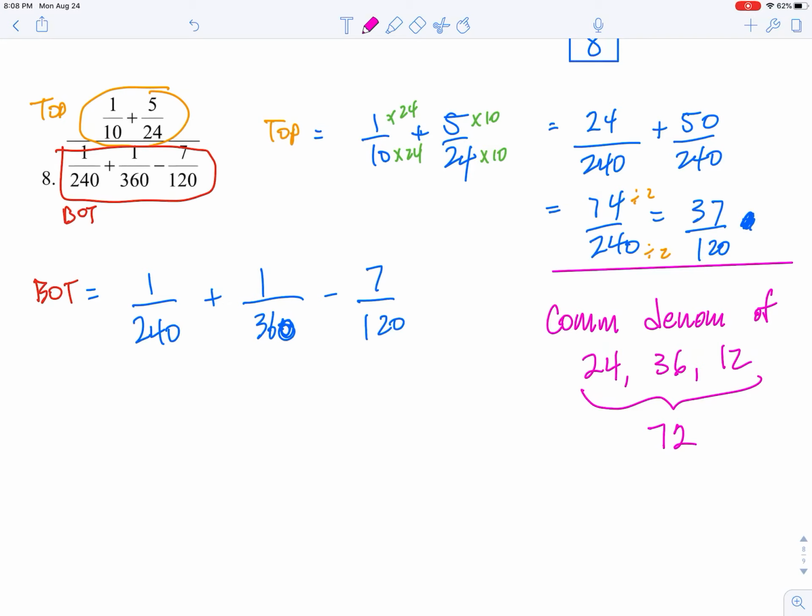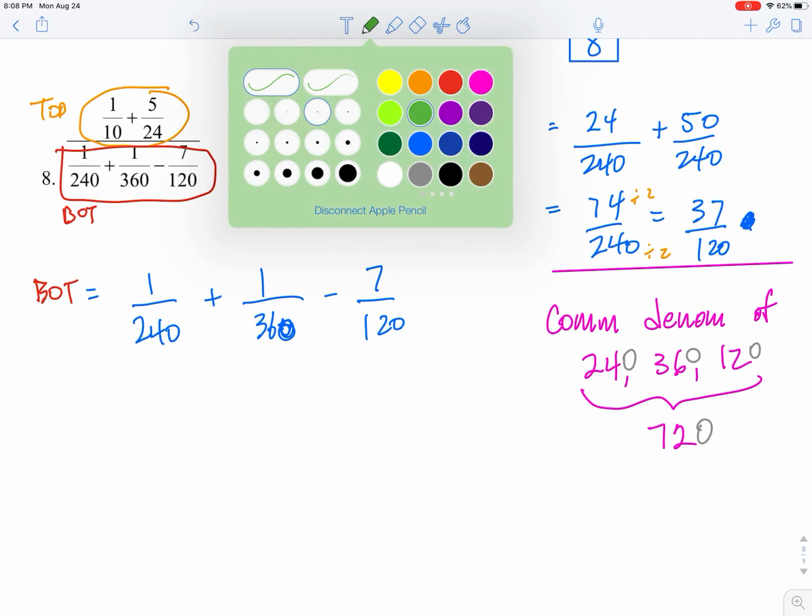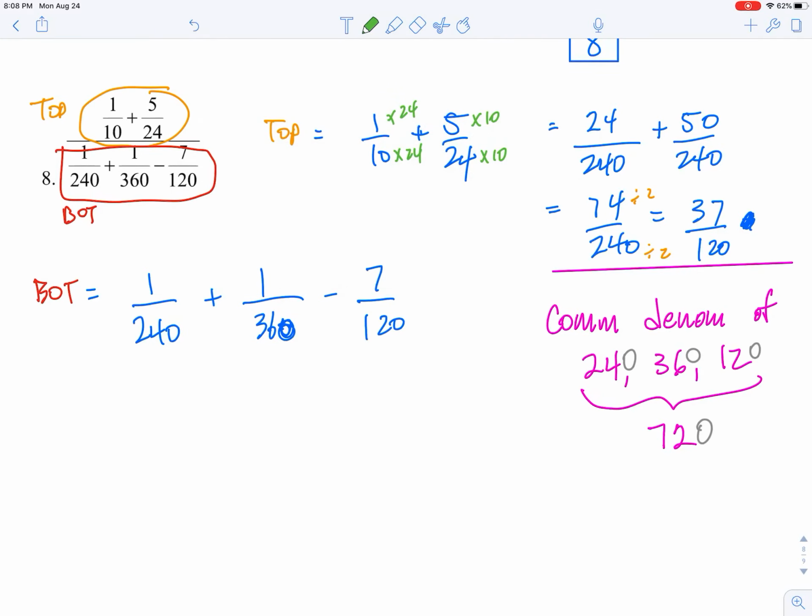So if it's the common denominator of 240, 360, and 120, then the common denominator is going to be 720. So for a common denominator of 720, this one's going to be times 3, that one's going to be times 2, and that one's going to be times 6.